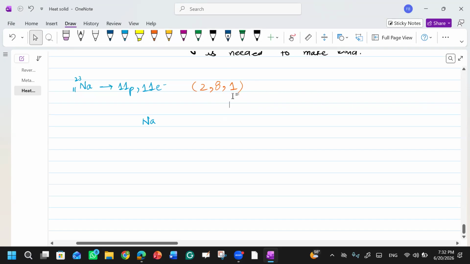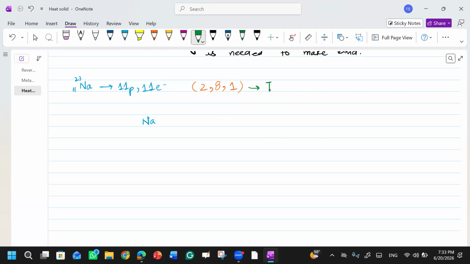Yes, it is possible for it to lose the electron to follow the octet rule. How will the octet rule be followed? When it loses this electron, how many electrons will be left behind? When it loses 1 electron, the last shell has 8 electrons. So it means it has followed the octet rule.